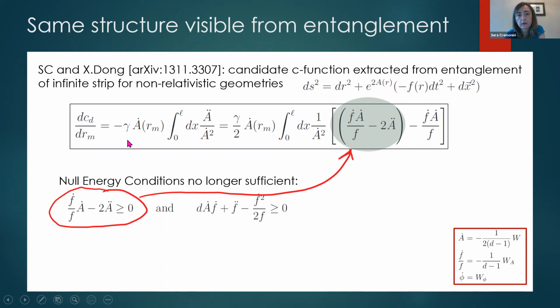So we identified a set of constraints on the geometry in the UV that would guarantee a monotonic flow. You could play those games, but they're not general, they're not going to be valid in general, and then you need to understand what they mean physically for the solutions that you're looking at.